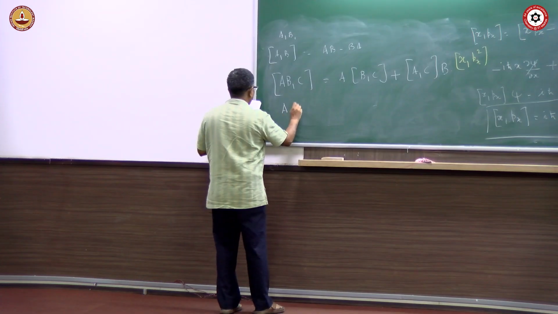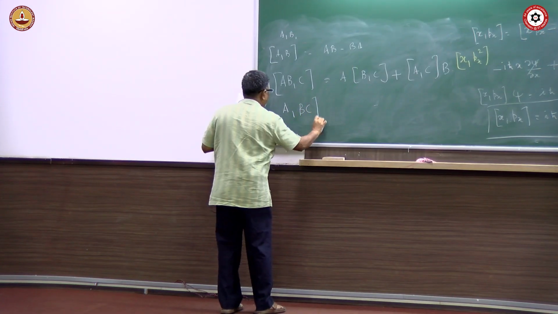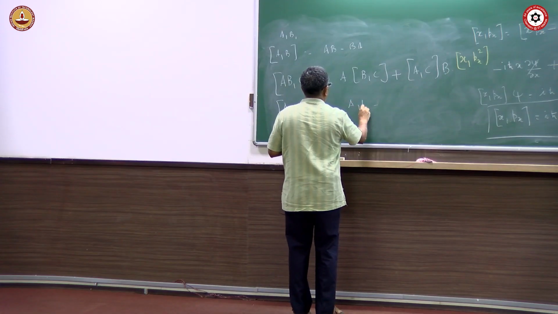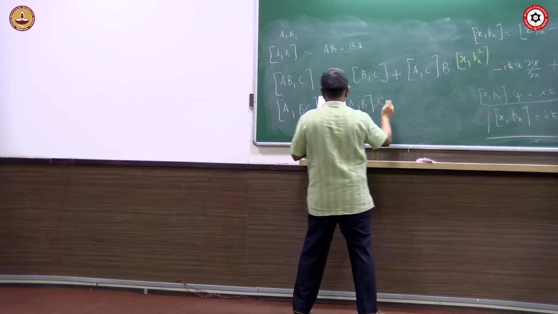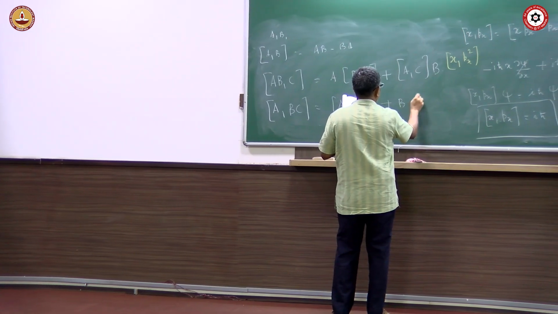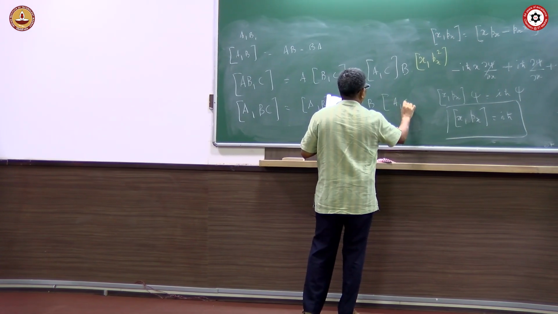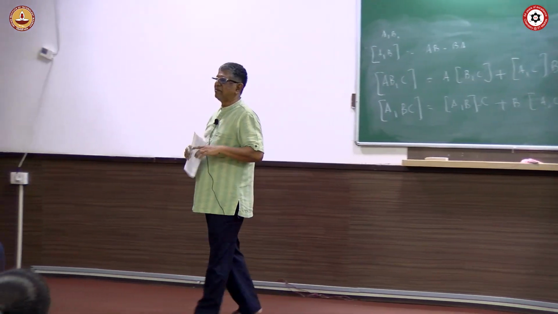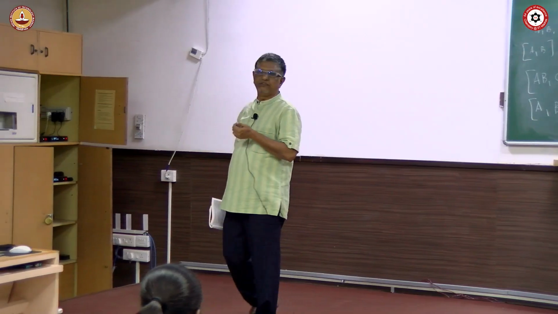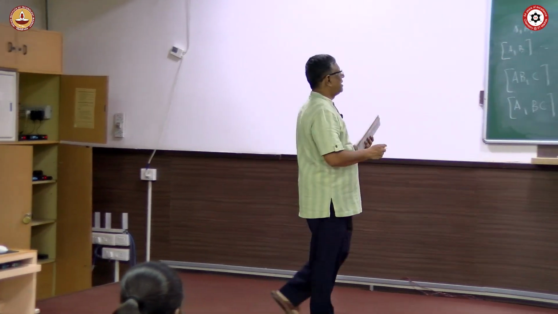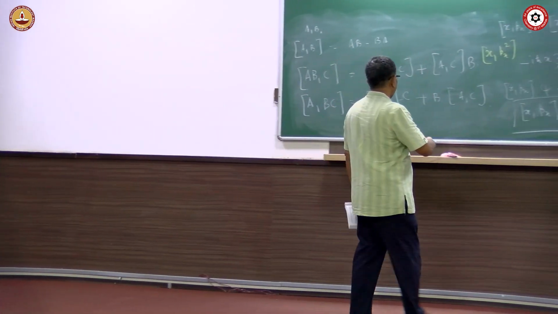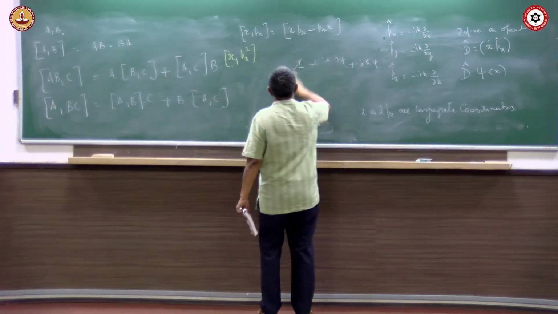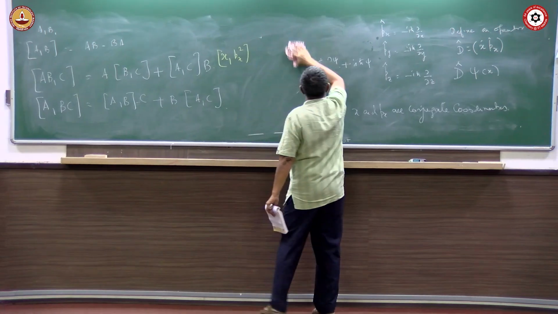And [A, BC] is [A, B]C plus B[A, C]. I am not going to prove this, it is a very simple proof. This is the rule you can use to calculate [x, p_x²].